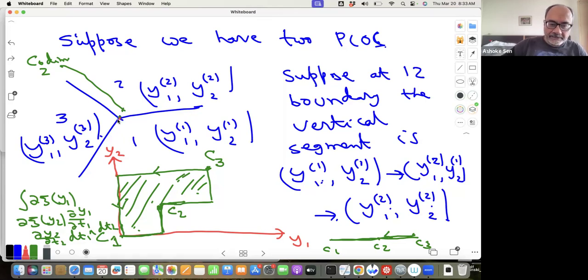And as I said, if now there are 3 PCOs, then when these codimension 2 boundaries intersect at a codimension 3 boundary, on that you may have a cube left over, and then you have to integrate over that cube. So this is the general procedure that you have to follow to define the superstring amplitude, which does not suffer from the spurious poles.